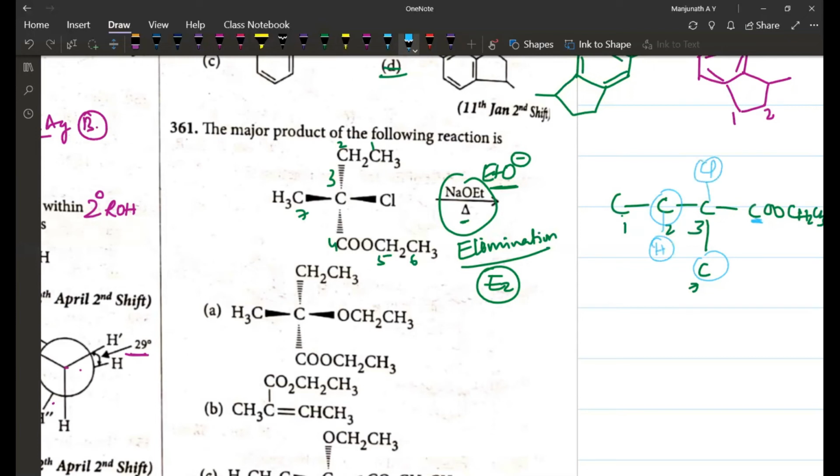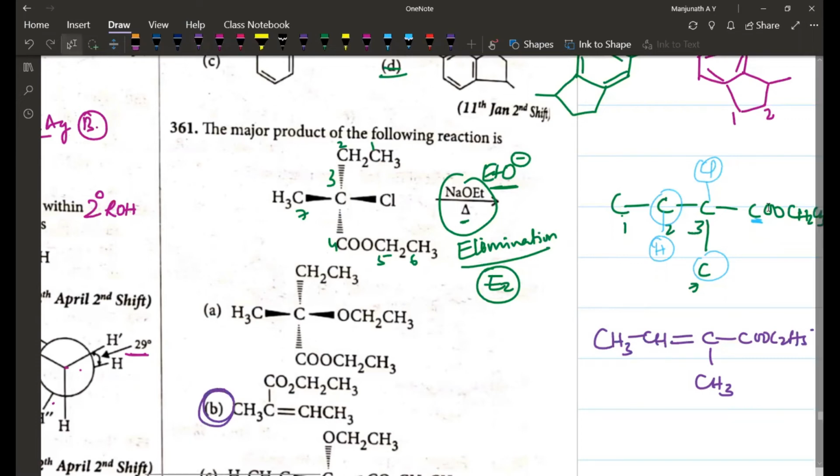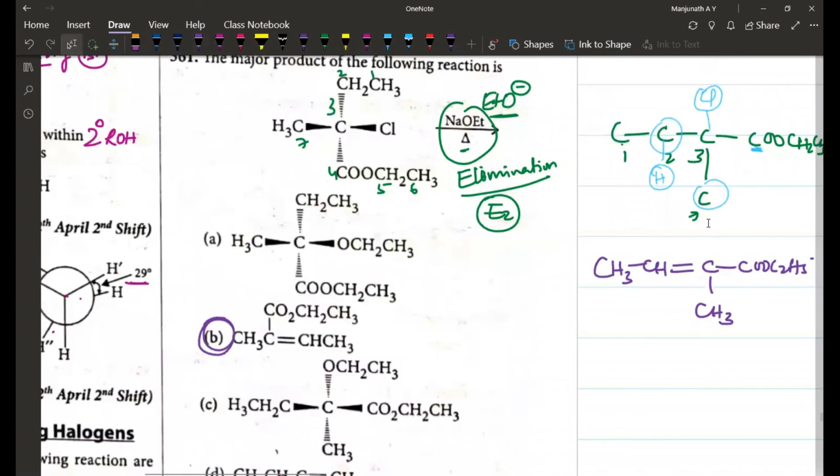So this gives rise to this particular product: CH3, CH, double bond C, CH3, COOC2H5. So you have to find this option. So it is option B. Any doubts? Naman? Got it, sir.